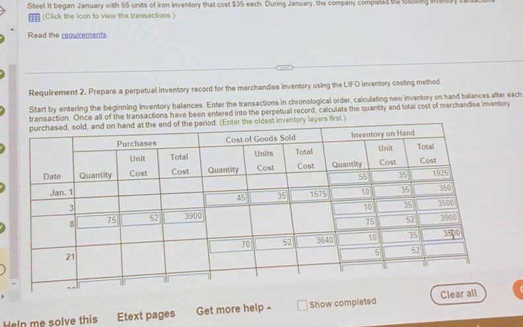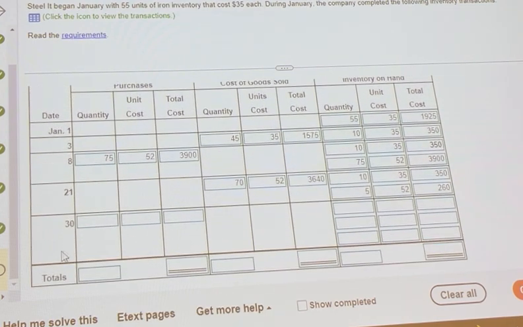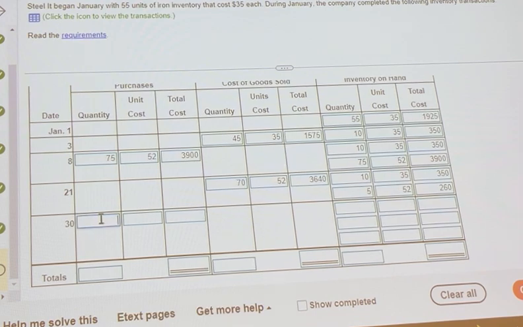I have an extra zero here, actually. Okay. I think I have another one here where I put an extra zero in. And the 30th, of the purchase.